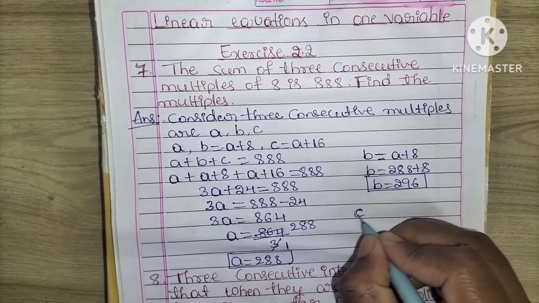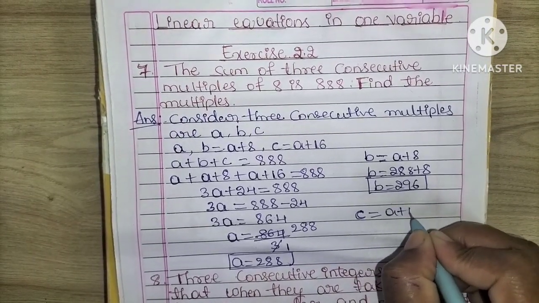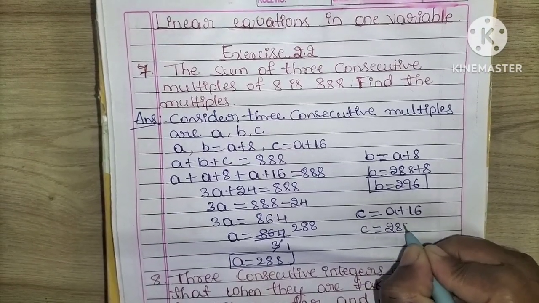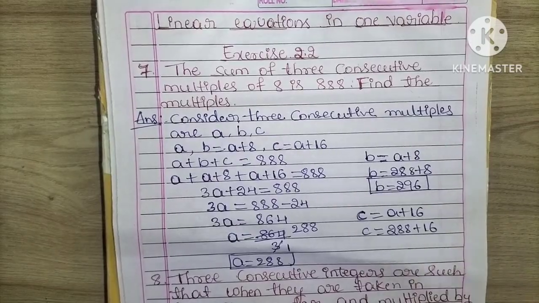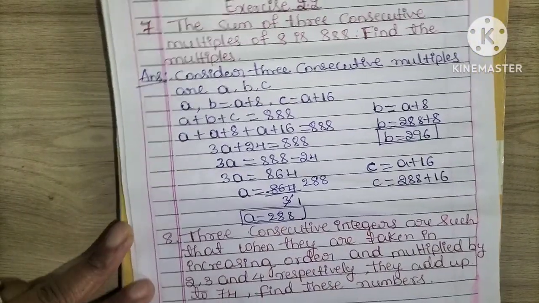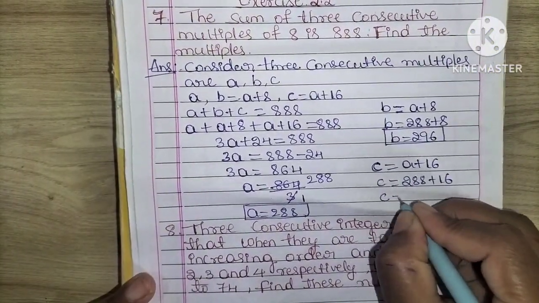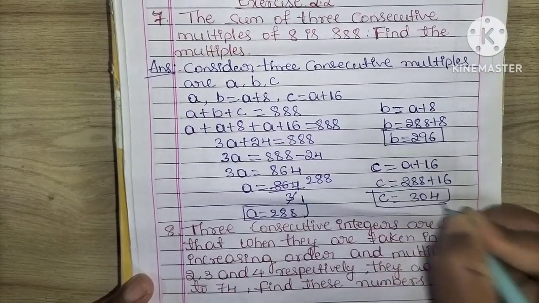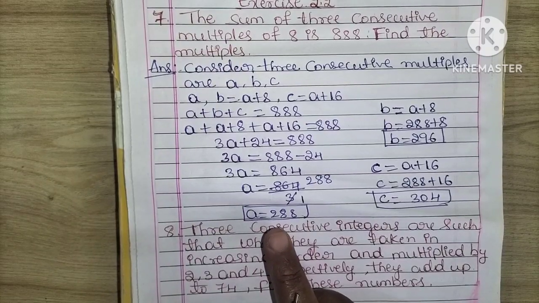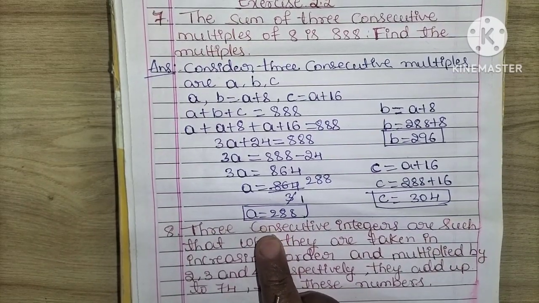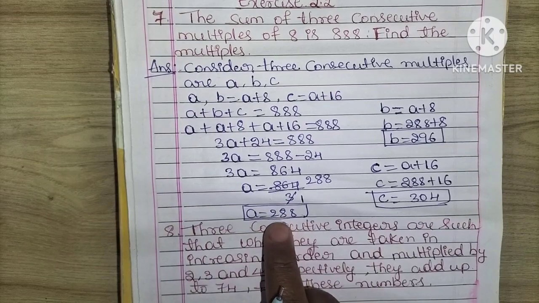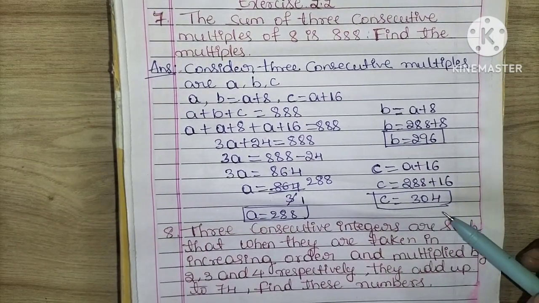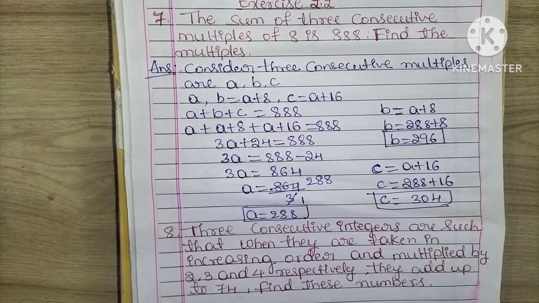The third number C is equal to A plus 16, so C is equal to 288 plus 16, or we can also write C is equal to B plus 8. It will become C is equal to 304. This is the third number. The three consecutive multiples are 288, 296 and 304.